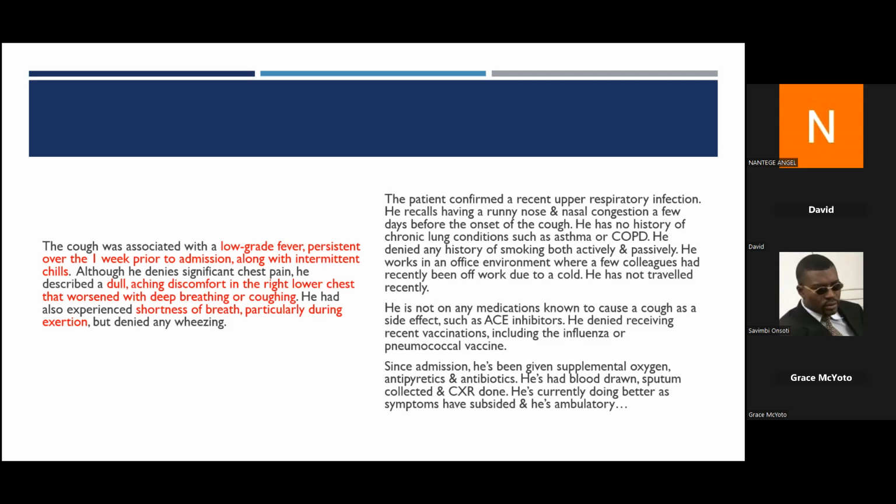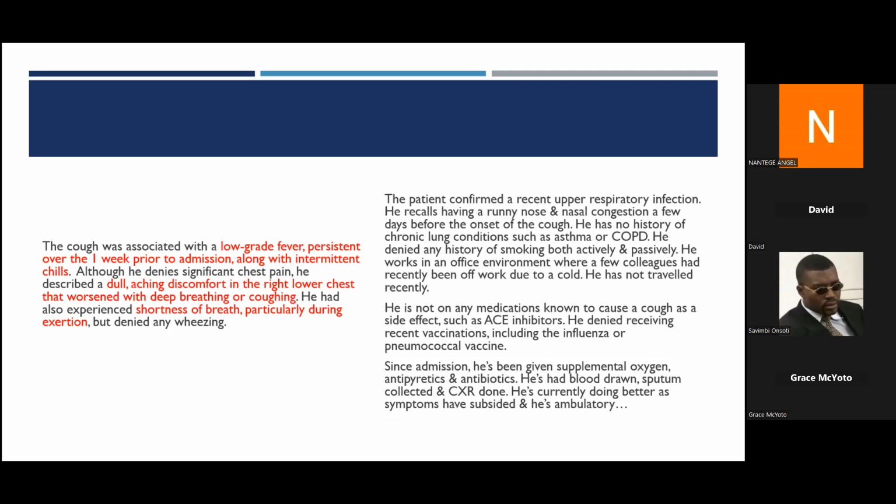So this person had, say, the flu, influenza, then it made its way down to the lungs where it brought about a pneumonia. By definition, a pneumonia is an acute infection of the lung parenchyma. It brings about these presentations: cough, fever, chest pain, and difficulty breathing.